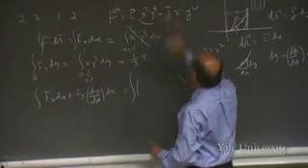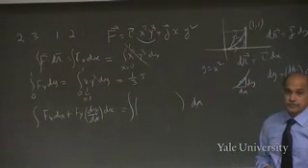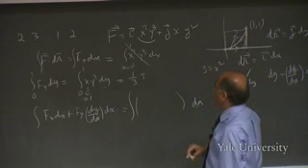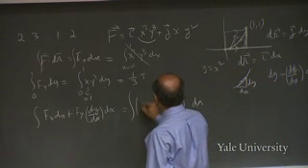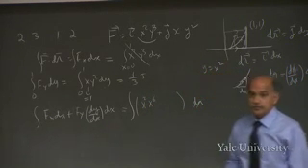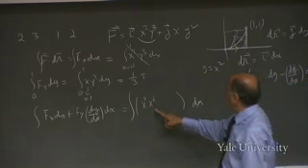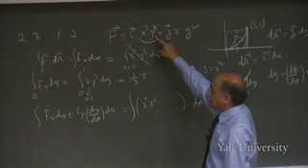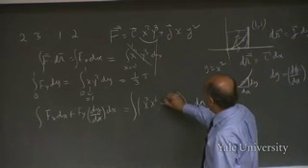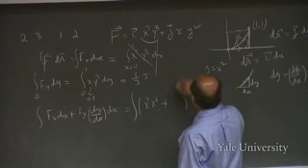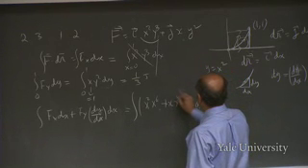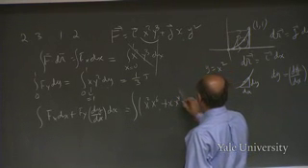The x component is x squared y cubed. On this curve, y is equal to x squared. So you really write x squared, and y is equal to x squared, that is x to the sixth. This y cubed is really written in terms of x. Then I have to write Fy, which is x times y squared, which is x to the fourth, times dy/dx, which is 2x.